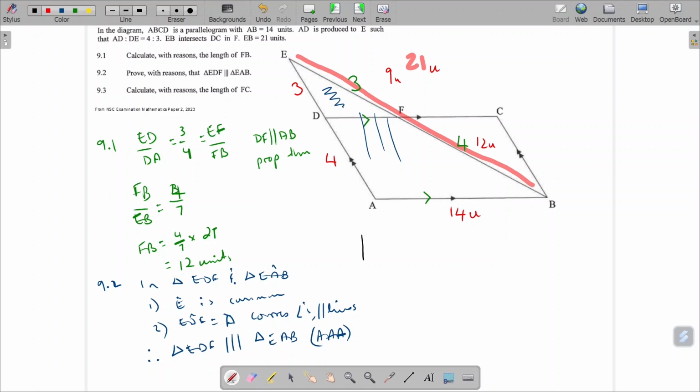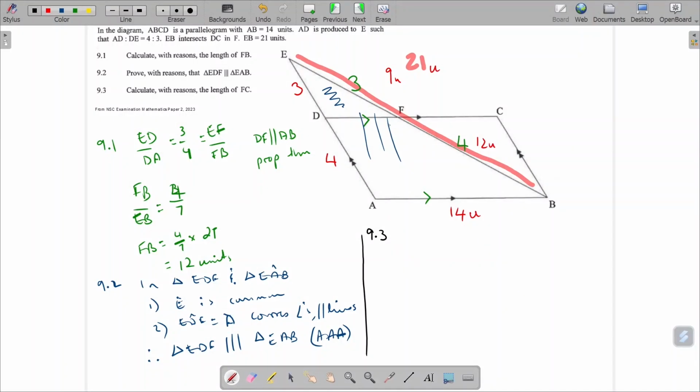9.3 asks me to calculate with reasons the length of FC. Well, again, we had a clue to it just now in question 9.1, when we were discussing the ratio 3:4 part to part, leading to the idea of proportion part to whole.